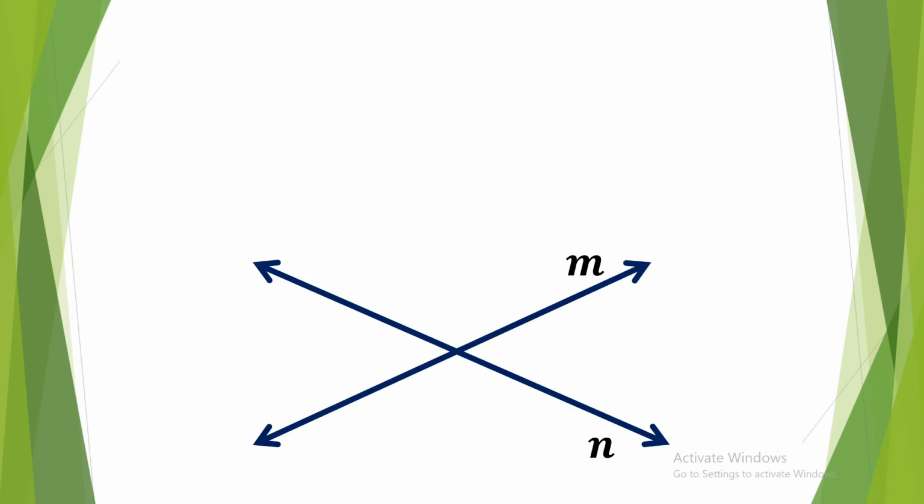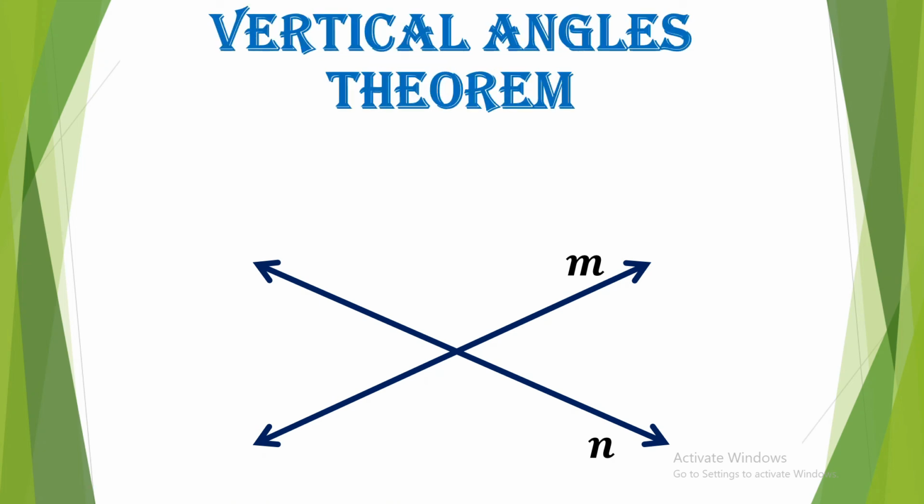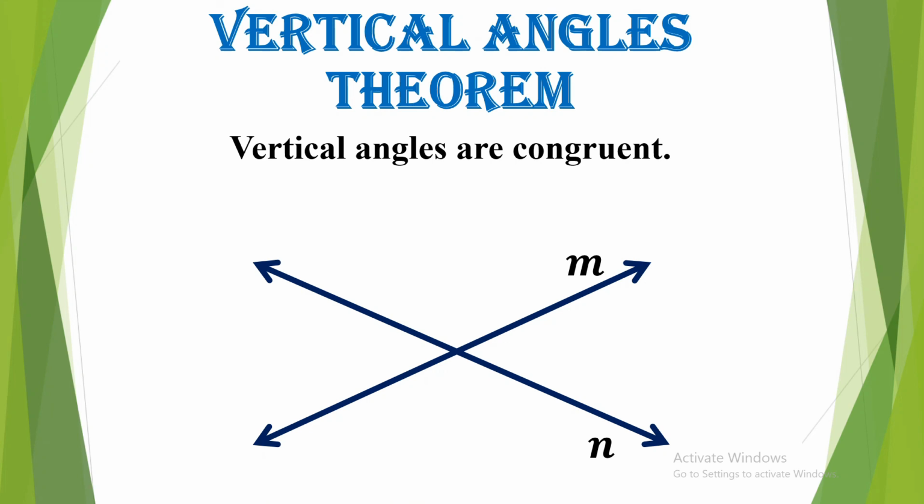We have here again two intersecting lines, line M and line N. And as we have already stated, four angles are formed. So our first theorem is the vertical angles theorem, which states that vertical angles are congruent.